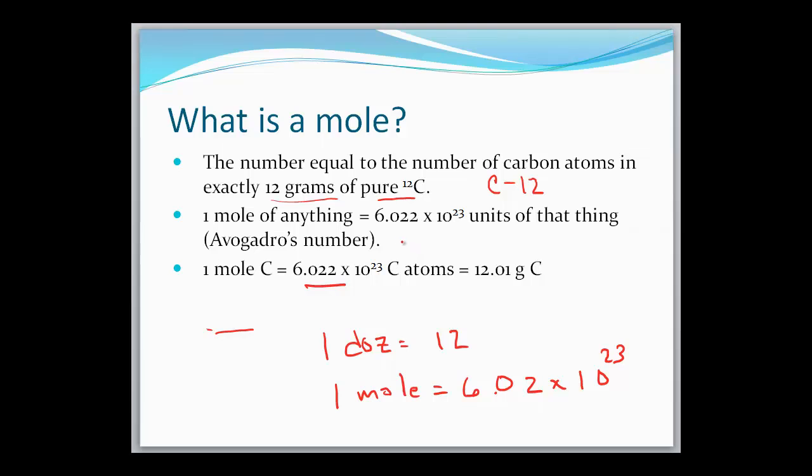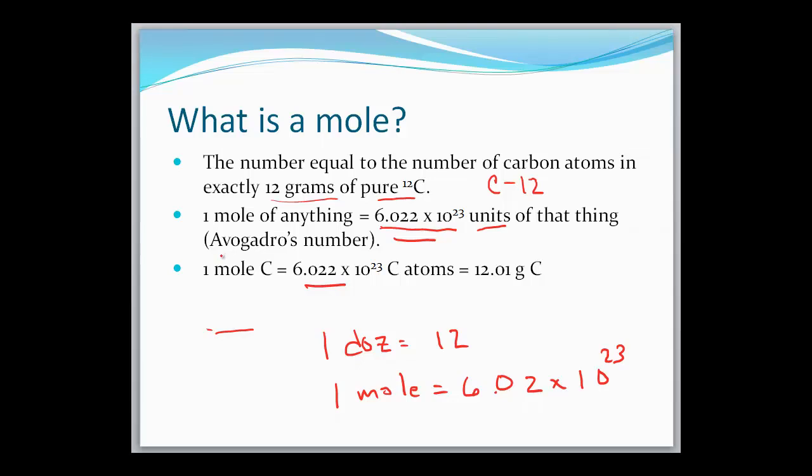So when we talk about a mole of anything, we're saying it's 6.02 times 10 to the 23rd units of whatever we're talking about. So if I said you have a mole of apples, then you have 6.02 times 10 to the 23rd apples. If I said you have a mole of pennies, you have 6.02 times 10 to the 23rd pennies.